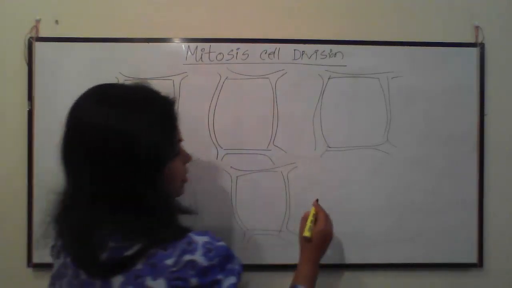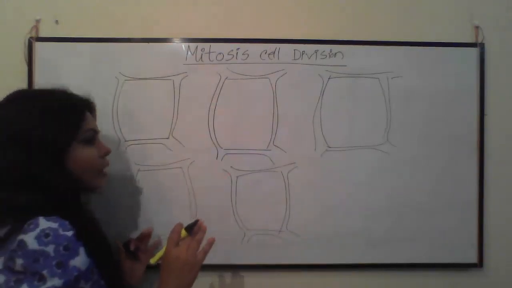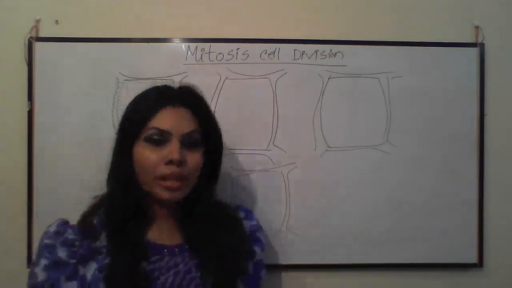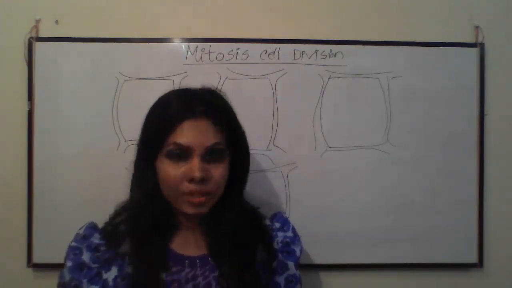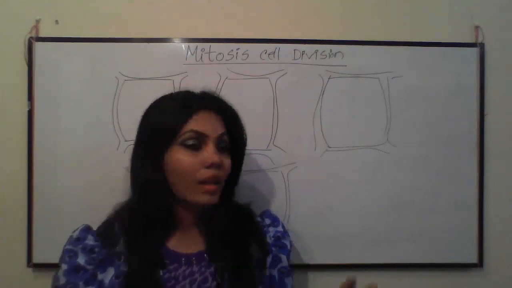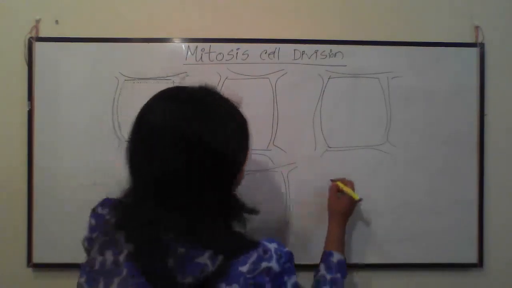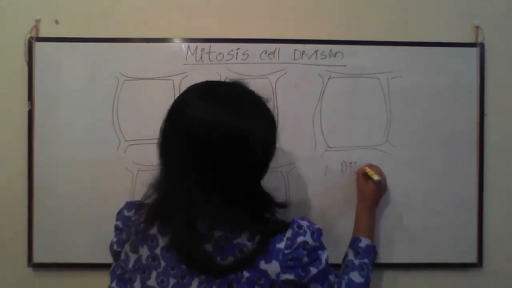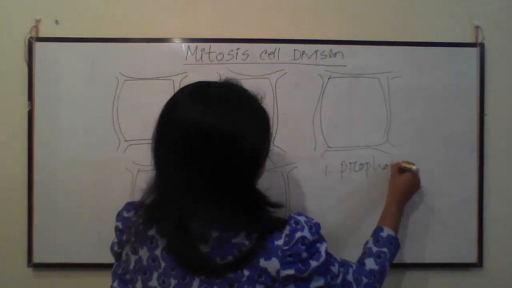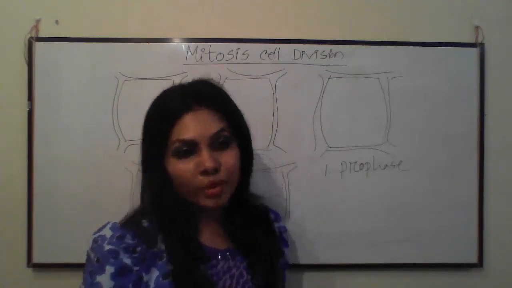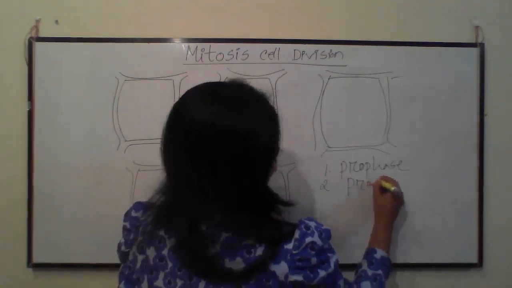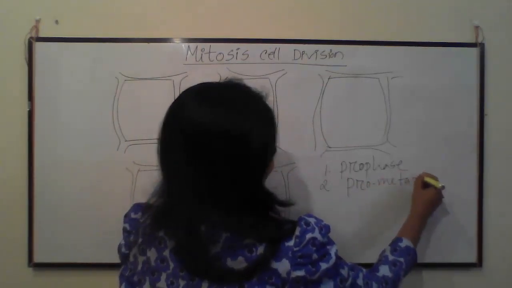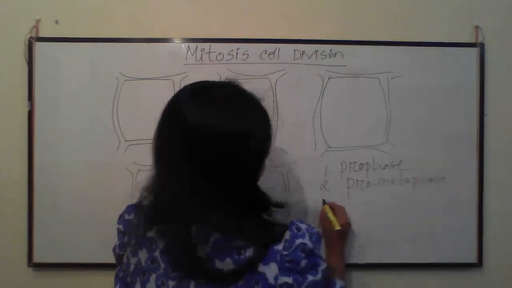So let's talk about karyokinesis. Listen, I can write that. Karyokinesis, the division of the nucleus, has five stages. Number one, prophase. Number two, prometaphase.